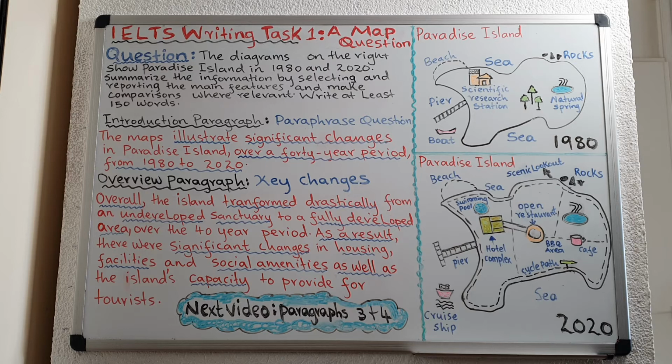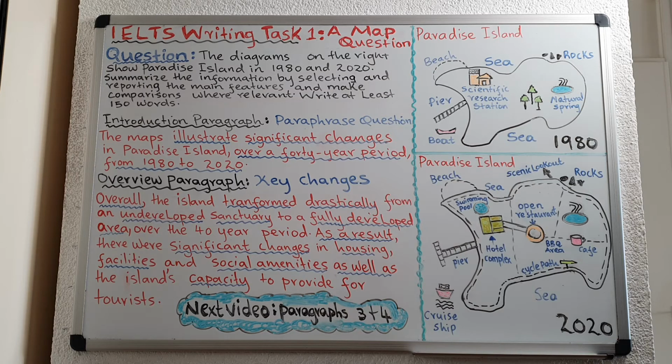Now, to do that, I have written the maps. So instead of diagrams, I have replaced that with maps. The maps illustrate. I have replaced the word show with illustrate, because illustrate and show in this context mean exactly the same.